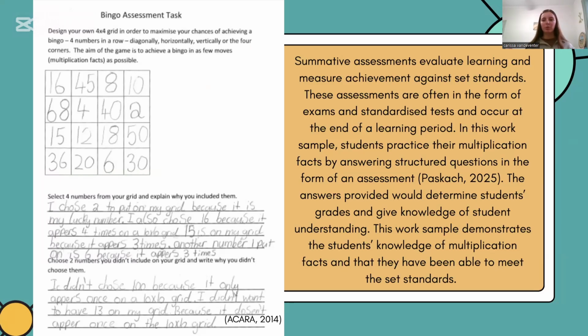The answers provided would determine students' grades and give knowledge of student understanding. This work sample demonstrates the students' knowledge of multiplication facts and that they have been able to meet the set standards.